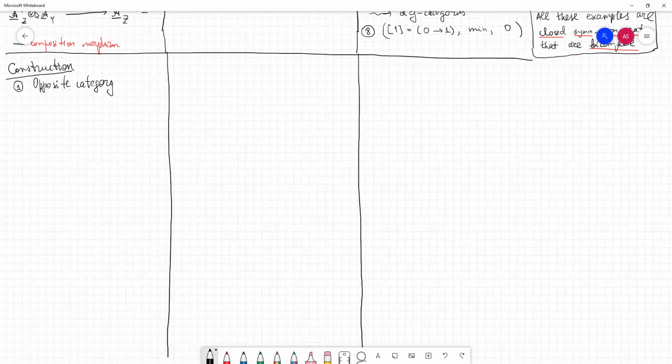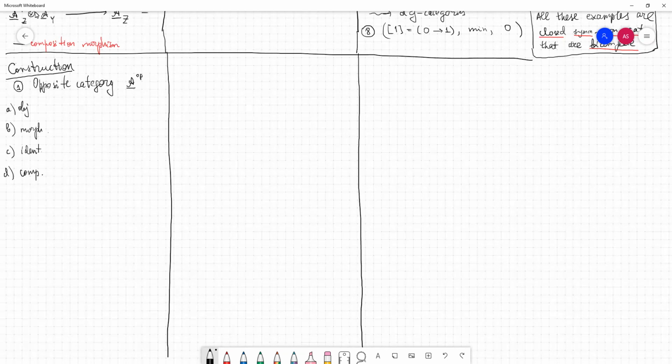Opposite category A op. So who are the objects of A op? Now you know we need to specify 4 types of data. A, objects, then B, morphisms, C, identities, and D, composition.